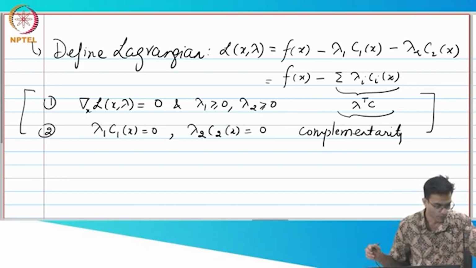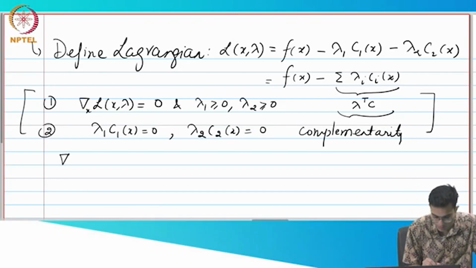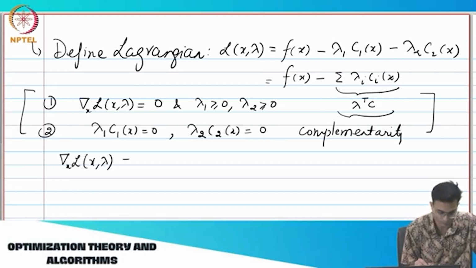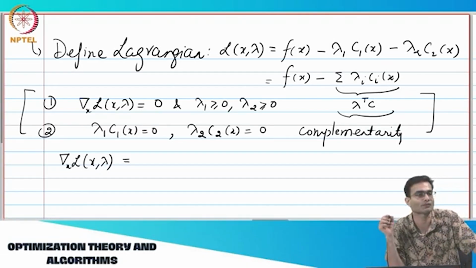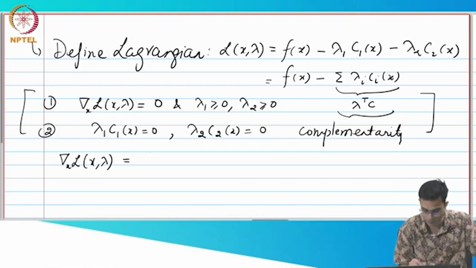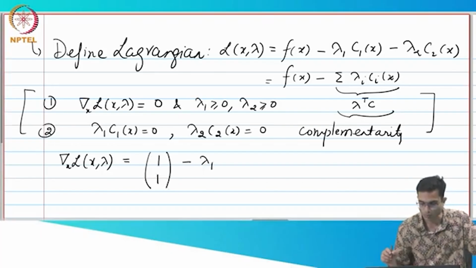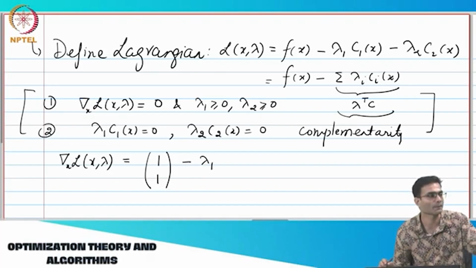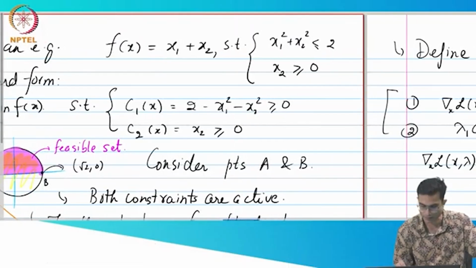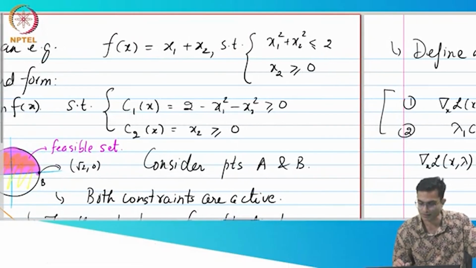Okay. So now let's write down a general expression for grad L. What is grad f? We've done this many times. It is (1, 1). Then minus lambda 1 times grad C1. Let's look back at how we defined it: it's (minus 2x1, minus 2x2).